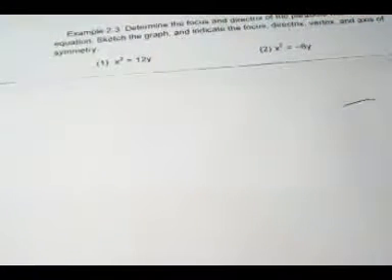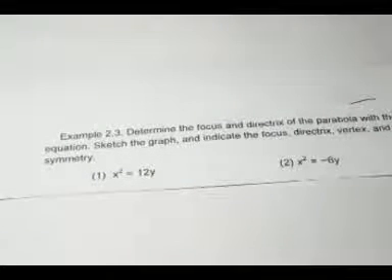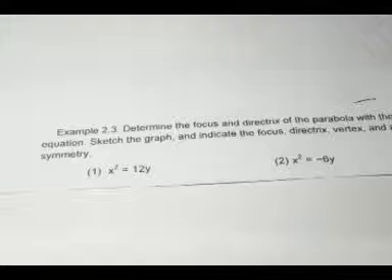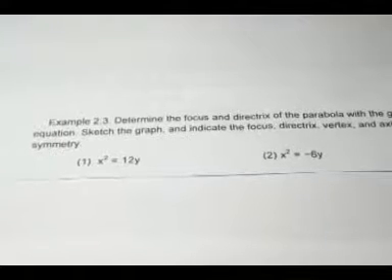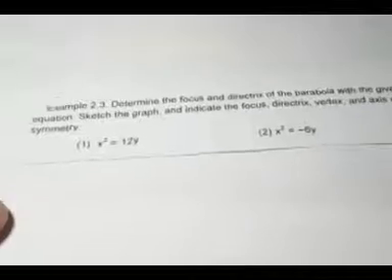Okay, so let us have some examples. Determine the focus and directrix of the parabola with the given equation. Sketch the graph and indicate the focus, directrix, vertex, and axis of symmetry.